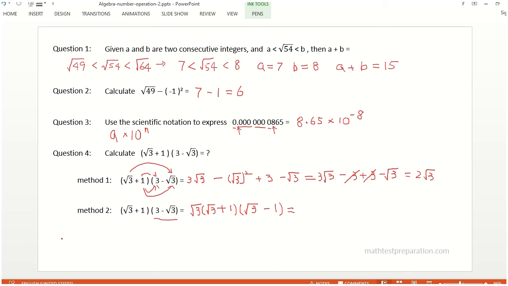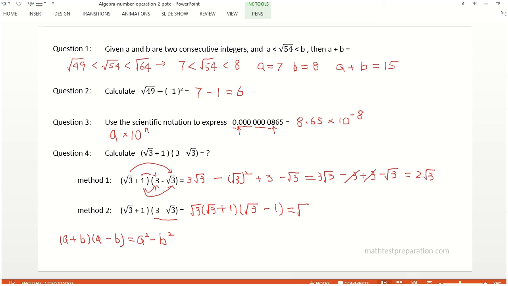We use the formula: first term plus second term multiply first term subtract second term equals first term square subtract second term square. This is the formula. Apply this formula.